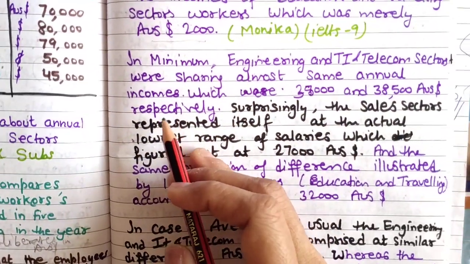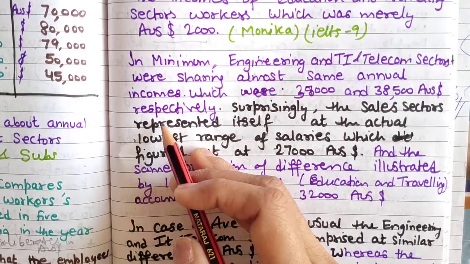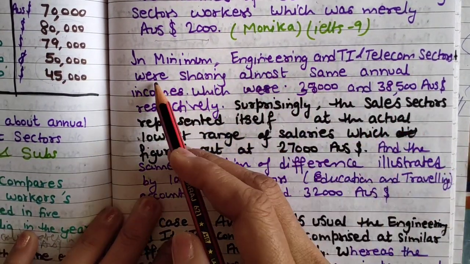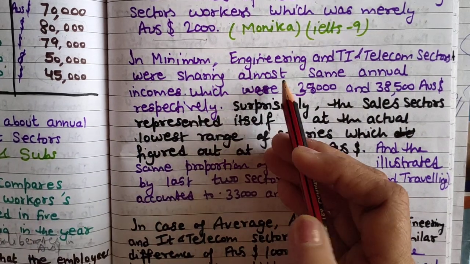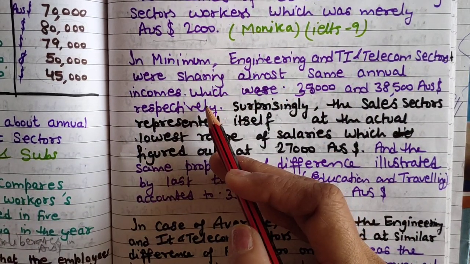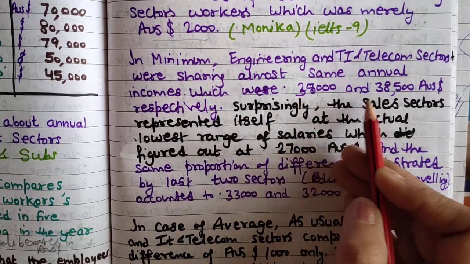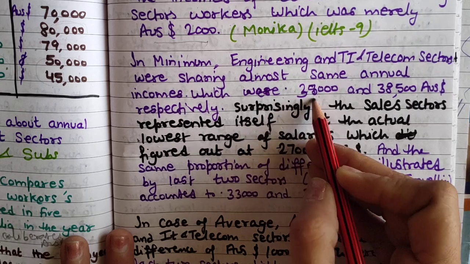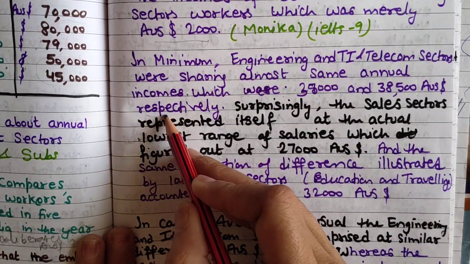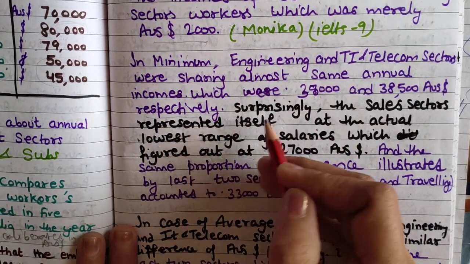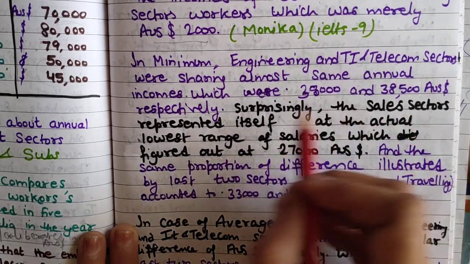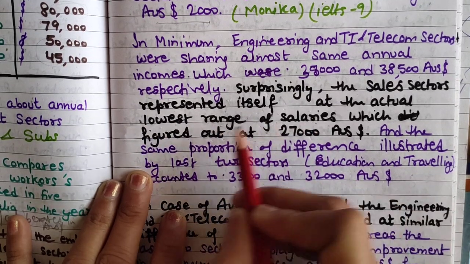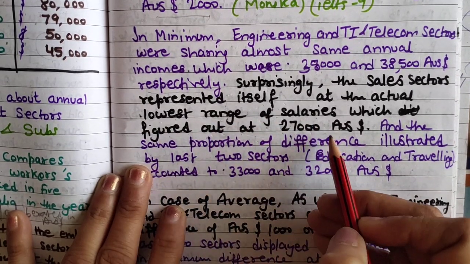Now in minimum, engineering and IT telecom sectors were sharing almost the same annual incomes, which were 38,000 and 35,000 respectively. When you are combining the information regarding two, then at the end please write this word respectively. Surprisingly, the sales sector represented itself at the actual lowest range of salaries, which figured out at 27,000.